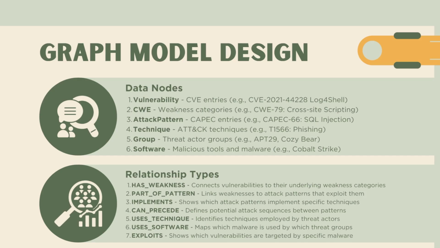Along with these nodes, we have relationships among them: has weakness, part of, implements, can precede, uses technique, uses software, and exploits. For example, when processing the CVE data, I extracted the CWE references to create has-weakness relationships, then linked those to attack patterns through part-of edges.